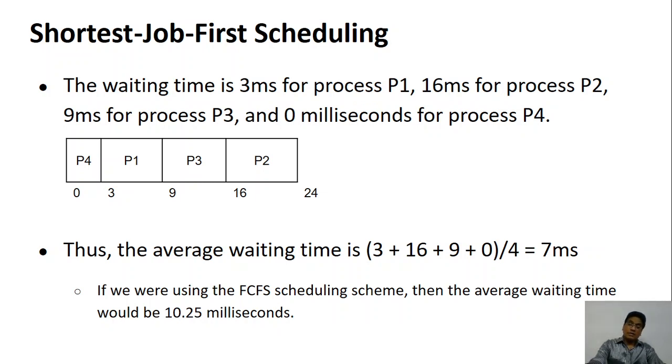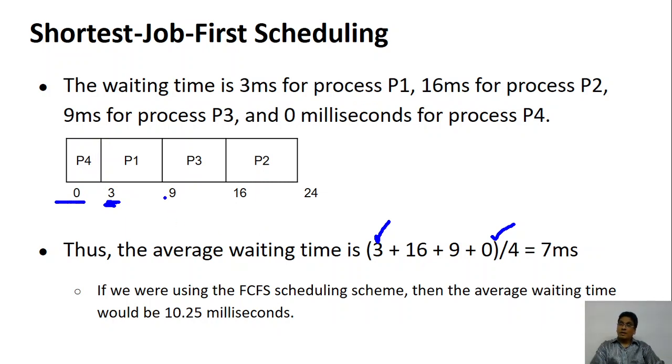On average, how much time does a process spend waiting in the ready queue? P4 will not wait. What about P1? P1 will wait for 3 milliseconds because it will be executed after P4.